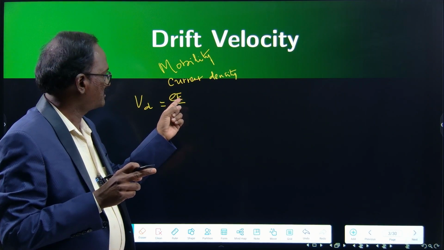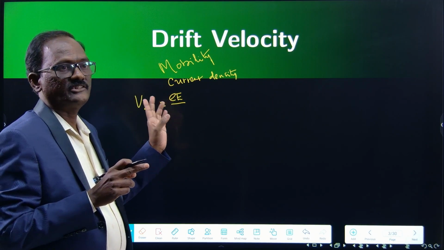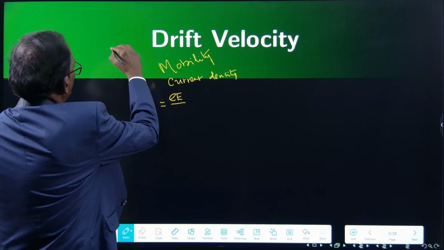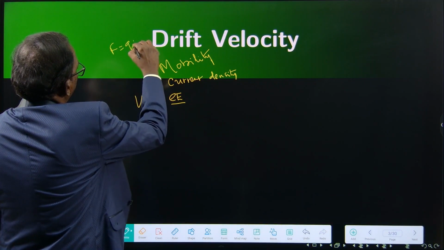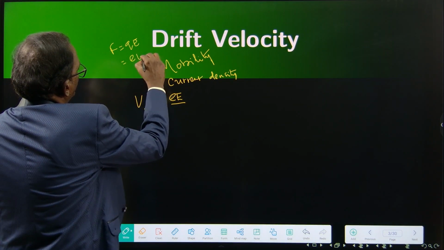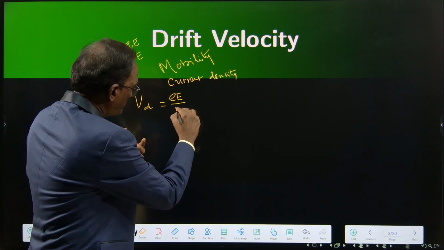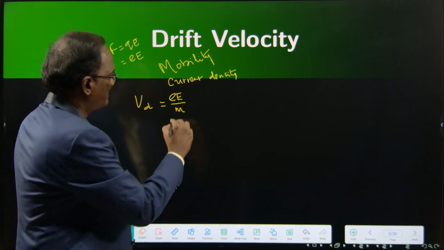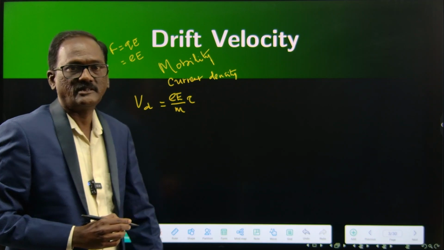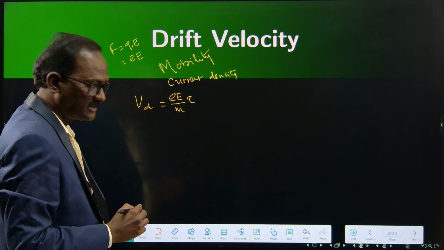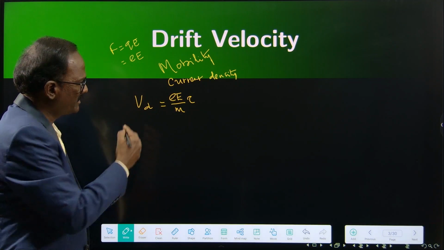This is charge, this is electric field, right? Whenever you see it, you must recall Coulomb's force, F is equal to QE. Instead of Q, we are writing small letter e, right? So this is force upon mass. Then for the time, we had tau, the relaxation time. This is the equation for drift velocity.